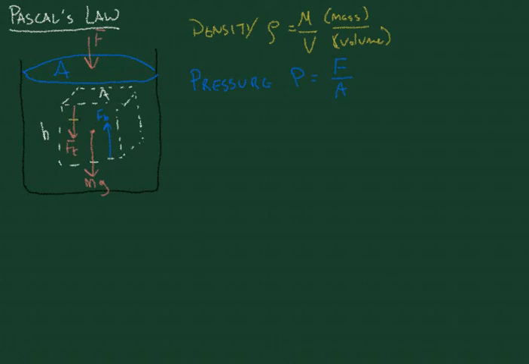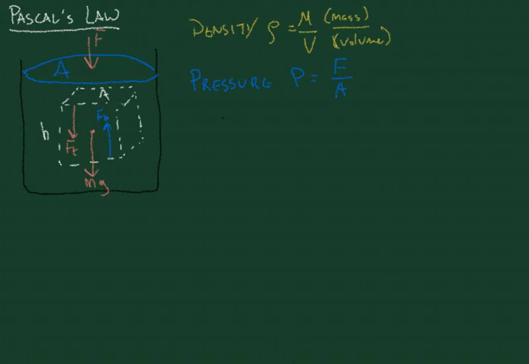Of course, we also have a force from the left and a force from the right, which are the normal forces of the fluid on the left and right sides. But just to keep the picture simple, we'll ignore those for now because we know that those are just going to cancel each other out. So we'll just look at the vertical forces.